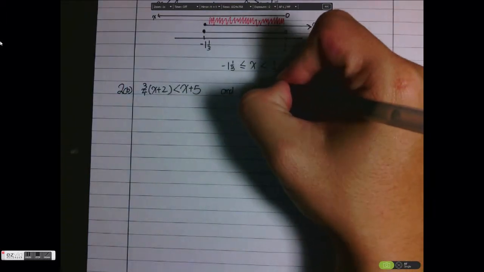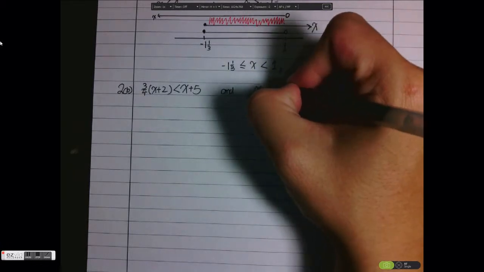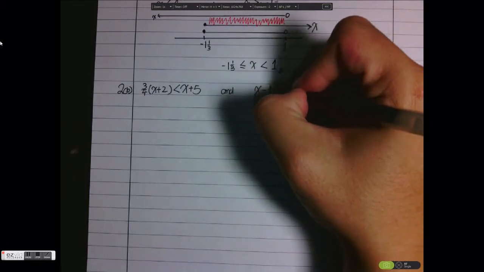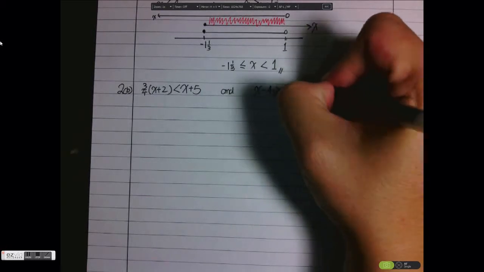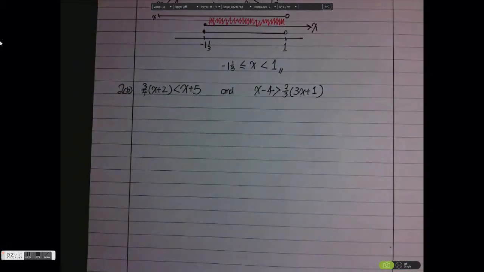Similarly to what we did above, I shall solve the one on the left first. So first I expand, I open up the brackets. I get 3 over 2 is lesser than x plus 5.